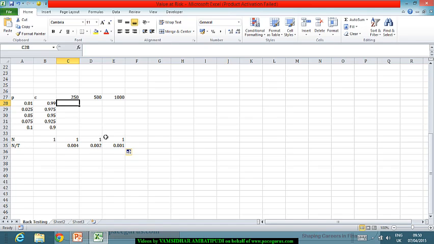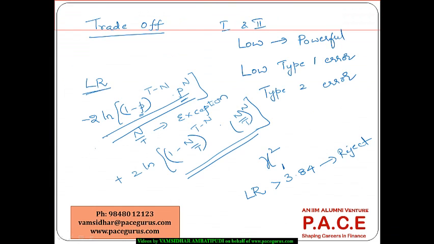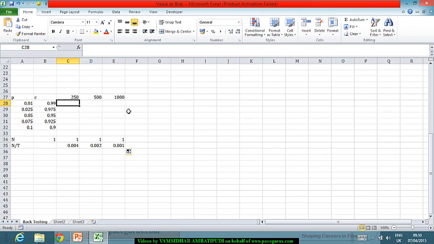What I can do is, if N is 1, compute the log likelihood ratio. So let's use the formula for the computation. The positive side is 2 times log of (1 minus N by T) to the power T minus N, where T is 250.